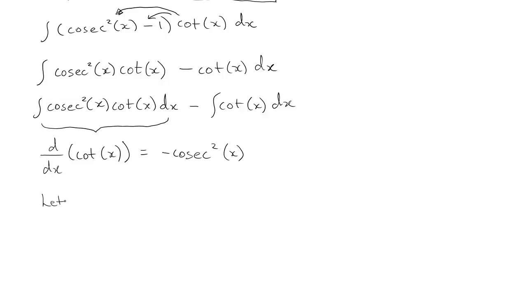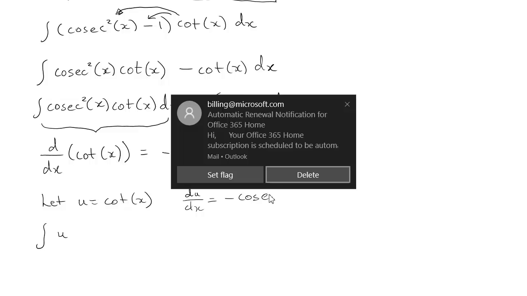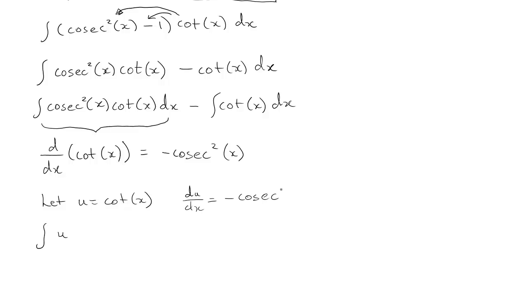Now you can see that in this first part of the expression, it's a good idea to use the substitution method. Let u be equal to cot x, and we know that du over dx happens to be negative cosec squared x.